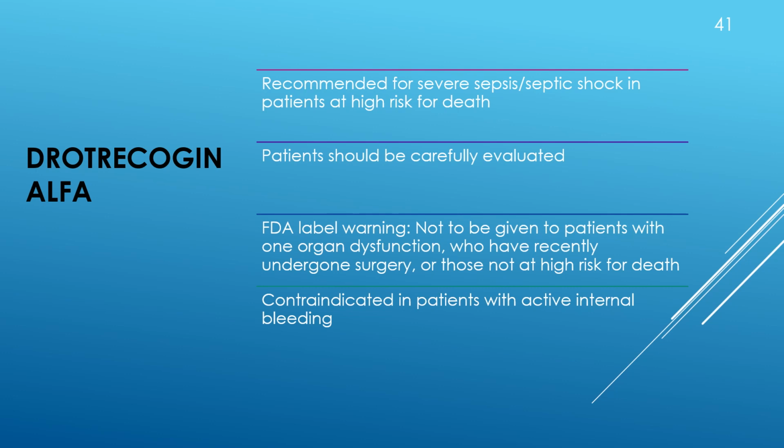The FDA warns that you do not give this medication to those who have one organ dysfunction and also who have undergone surgery and are at a high risk of death. So these are some of the contraindications. It's also contraindicated in patients with active internal bleeding. So remember this name because when I took the exam, this was on the test, and that's why I put this extra slide out for you.